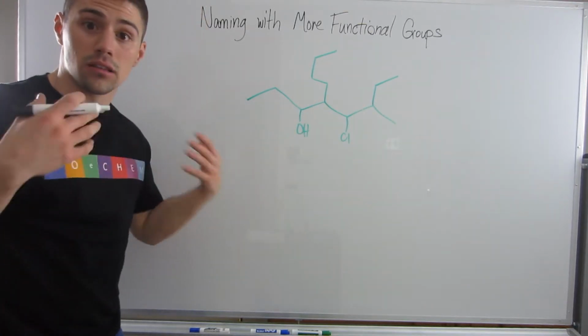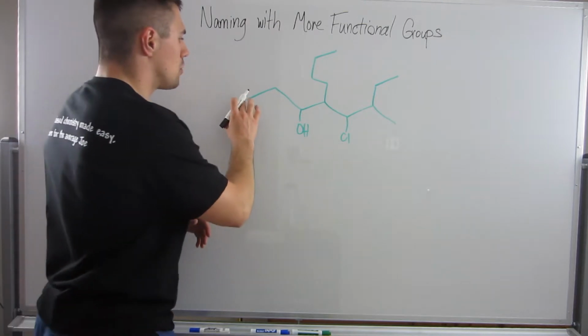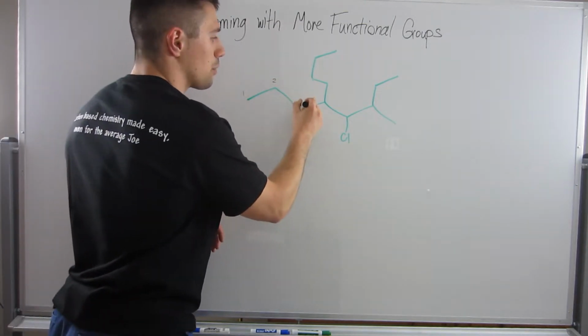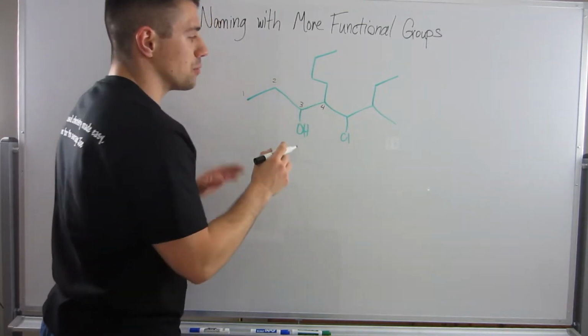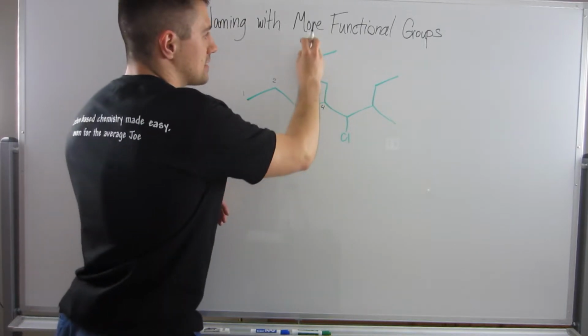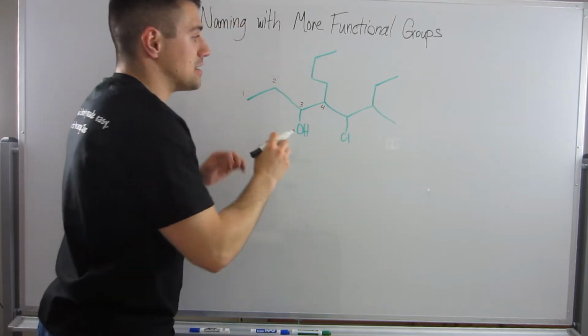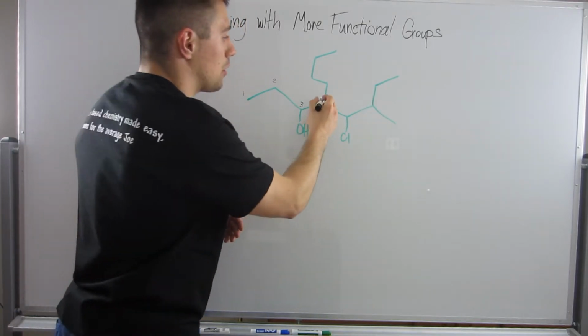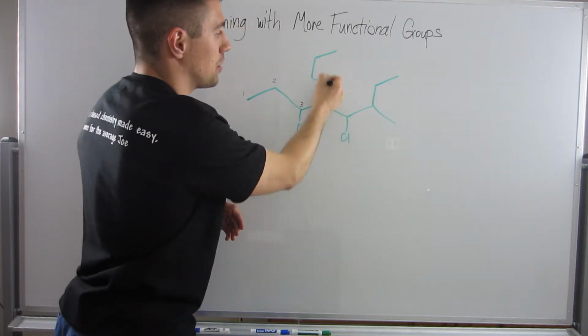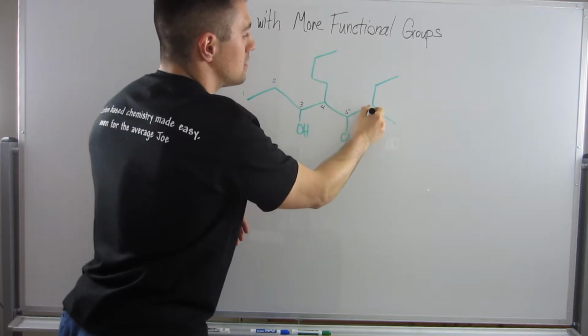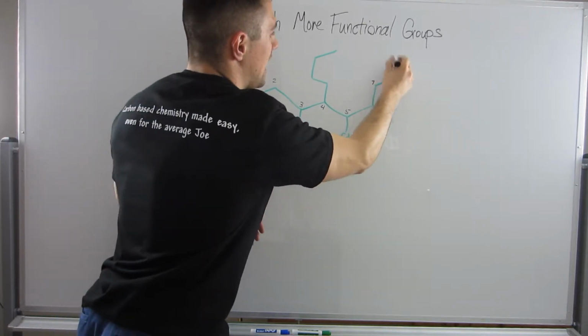So now we need to pick the longest chain. So 1, 2, 3, 4. From here we can either go 5, 6, 7, 8, or 5, 6, 7, 8. Since there's a tie, and going this way we hit a branch first as opposed to going up here, we're going to go 5, 6, 7, and 8.